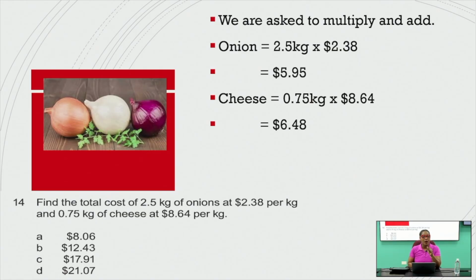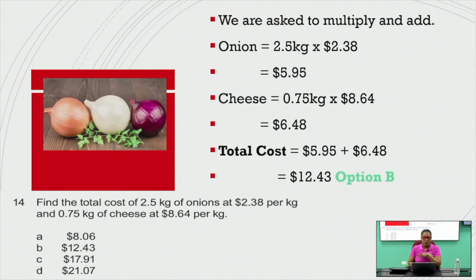So the cost of 0.75 kilogram definitely is going to be less than $8.64. So it's going to be $6.48. Now, the total cost for both the onion and the cheese would be the $5.95 plus the $6.48, which would give us $12.43. That is option B.